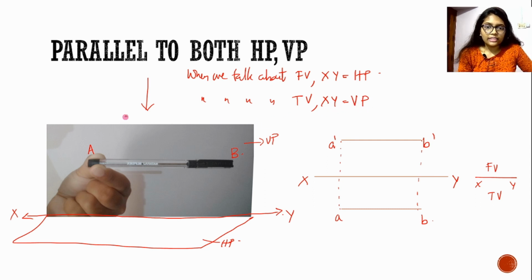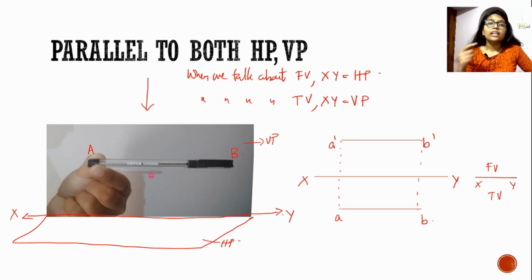When we talk about the top view of the particular pen, this xy line is merged with this vertical plane or the wall. Okay, so when we talk about top view, xy becomes VP.